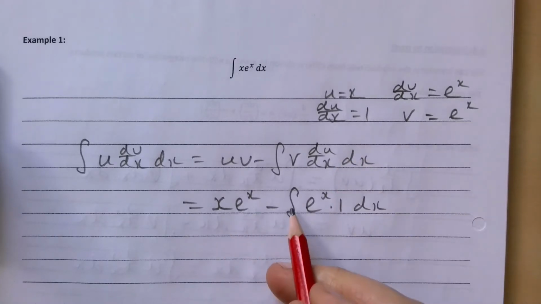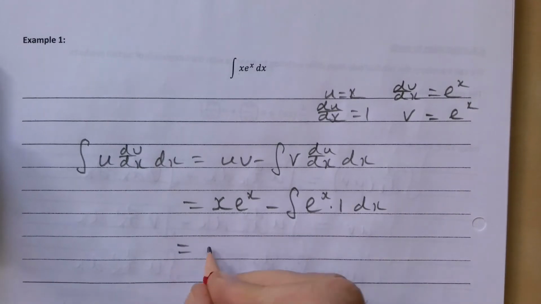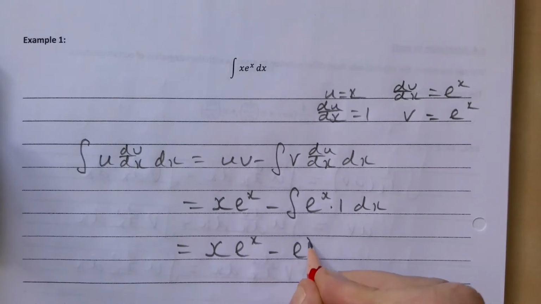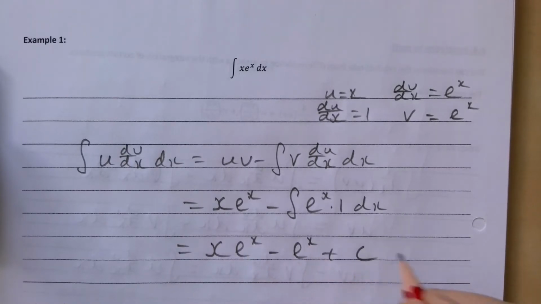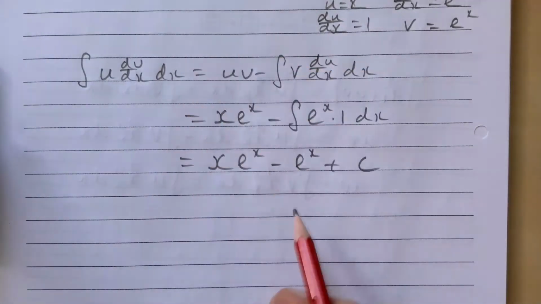And all we have now to integrate is e to the x, which is much more straightforward. That gives us x e to the x minus e to the x plus c. And that's us done. We've changed a fairly tough integral into a straightforward one.